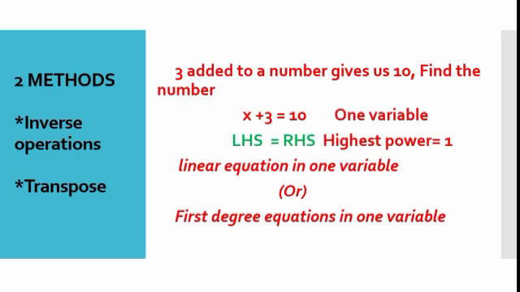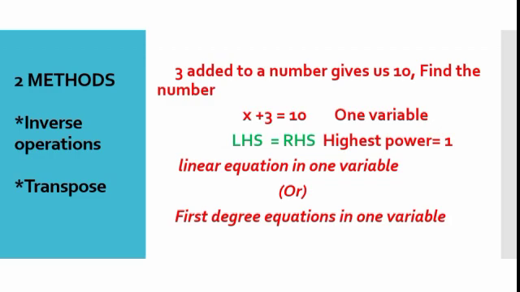So listen, an equation having only one variable, here it is x, is called a linear equation in one variable. How can we define this as a linear equation? In this equation, the power of the variable is 1.